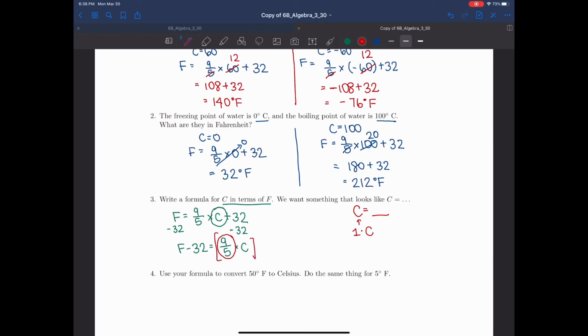It turns out that number is 5 over 9, because we can exactly cancel out the denominators and the numerators, but we have to do it to both sides. So our final answer now becomes C is equal to 5 over 9 times (F minus 32).